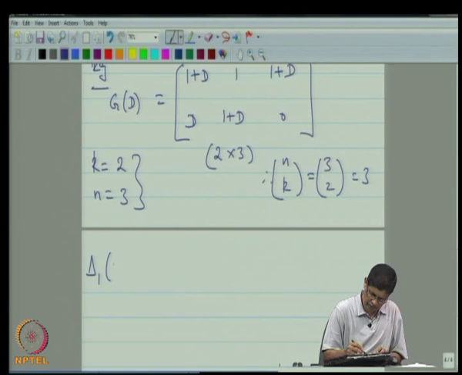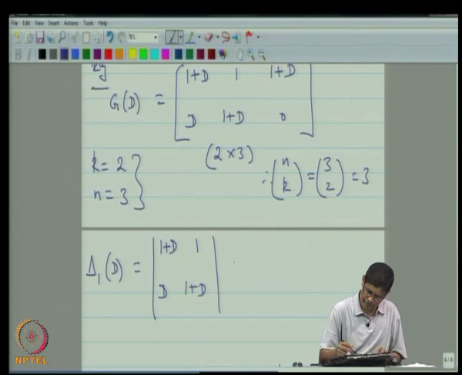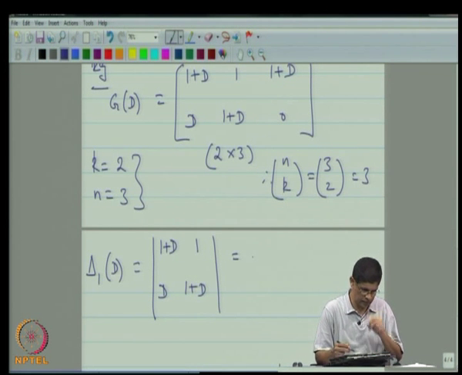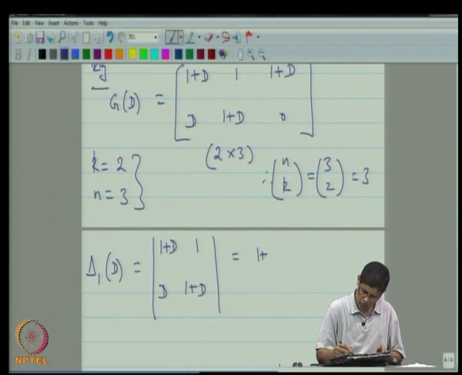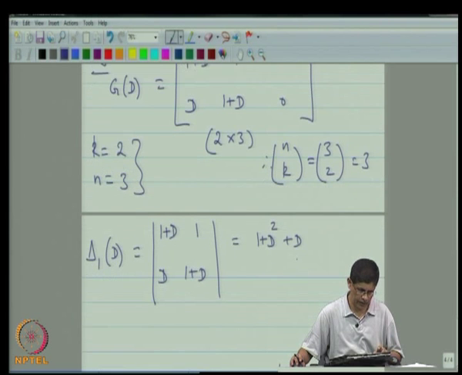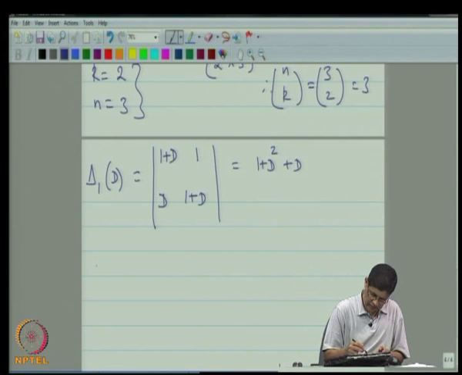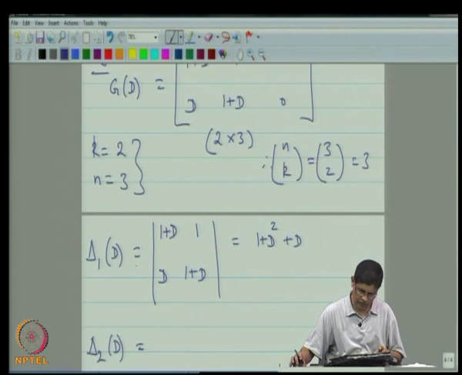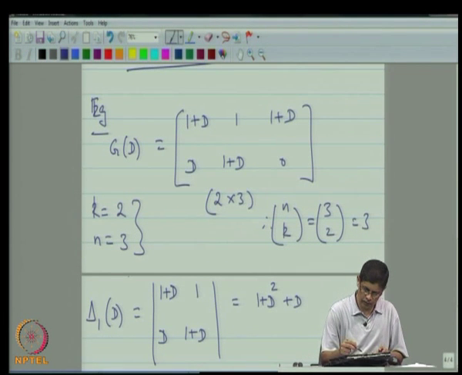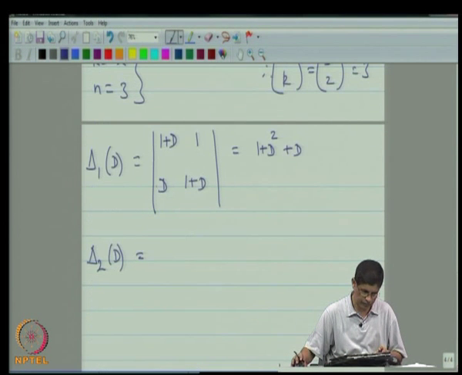Delta 1 of D is just the determinant of 1 plus D, 1; D, 1 plus D, which turns out to be 1 plus D squared plus D. Okay. Delta 2 of D is the determinant where, instead of the first and second columns, I now take the first column and the last column.